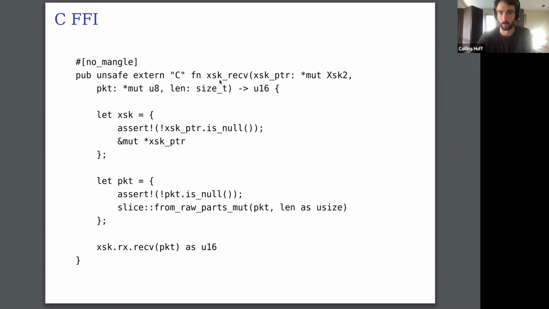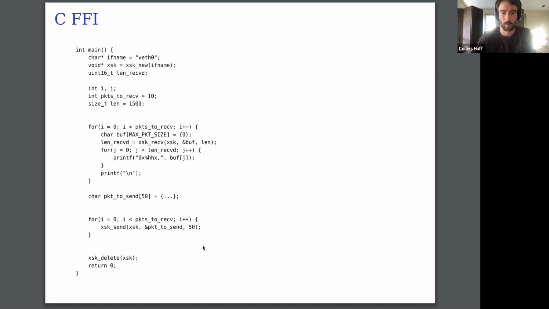Similar idea for C, we pass in the packet receiver, construct the pointer, slice from raw parts of the packet receiver using the pointer and the length, and then receive into that and return the length of the received packet.